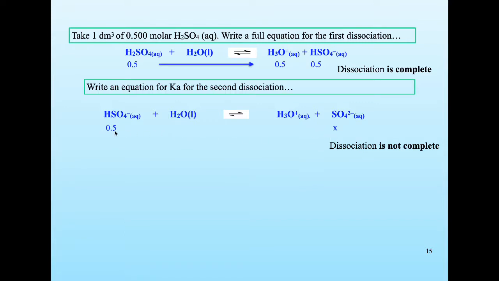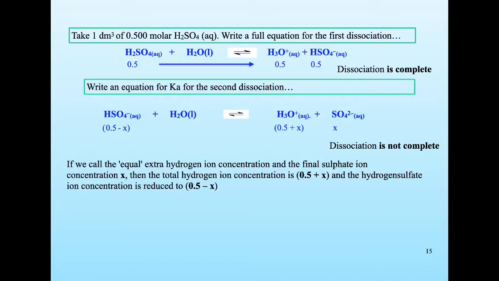We say that 0.5 dissociates, we get x of the sulfate ions, but as well as x from this dissociation, we've got 0.5 of the oxonium ions from the first dissociation. So my total oxonium ion concentration now is 0.5 plus x. And if x has reacted, then we've got 0.5 minus x of the hydrogen sulfate ions left over.